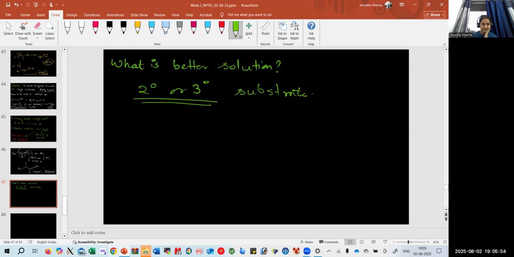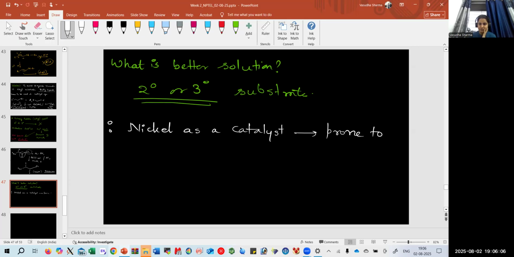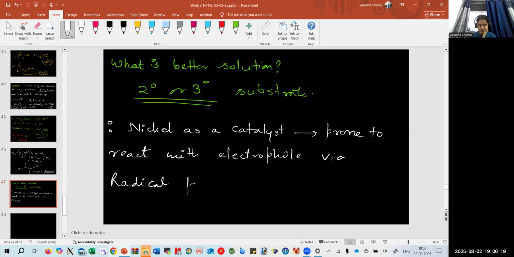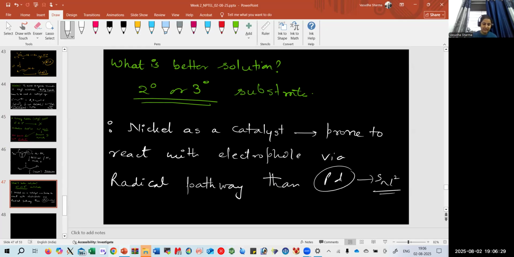For that, nickel as a catalyst would be more prone to react with these electrophile substrates via radical pathway than palladium, which prefers the SN2 pathway. So now we need to change the catalyst over there.